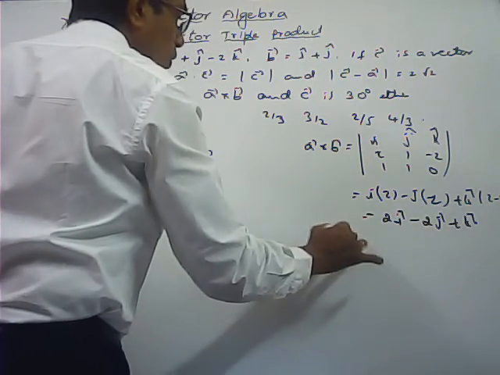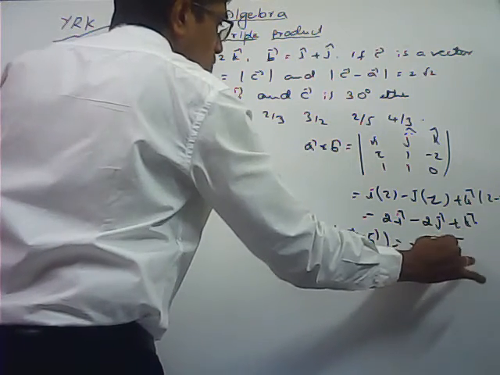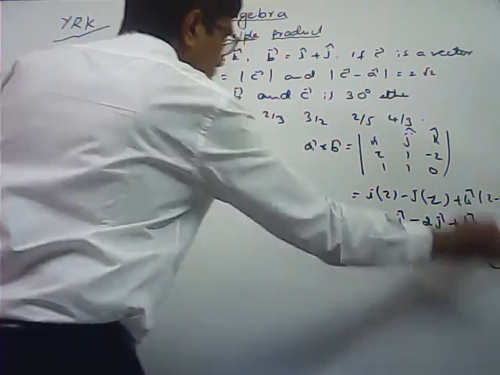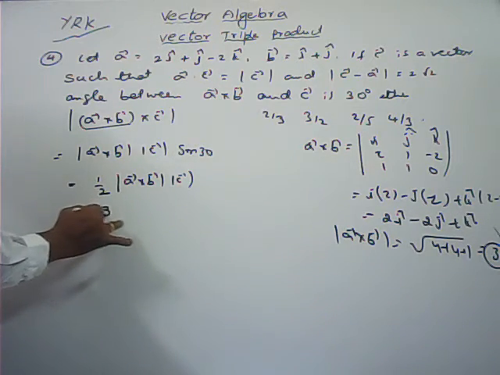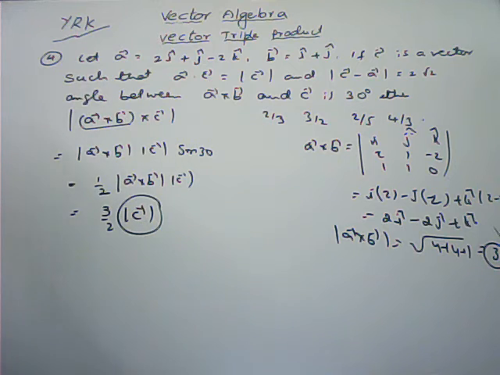What about its modulus? Modulus of A bar cross B bar, that is equal to root of 4 plus 4 plus 1, that is equal to 3. So 3 by 2 modulus of C bar. So the total value depends upon 3 by 2.